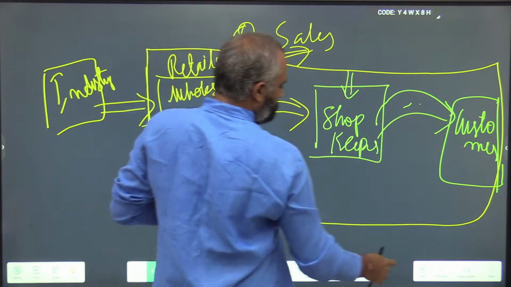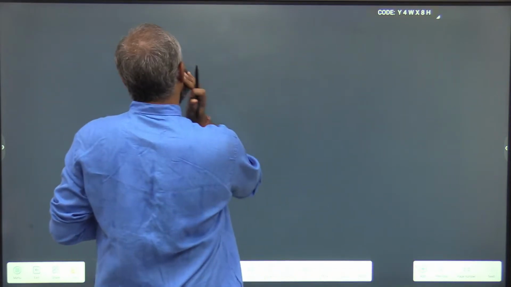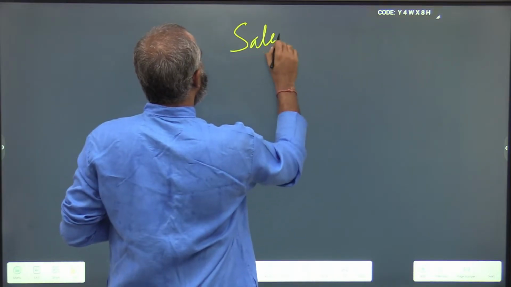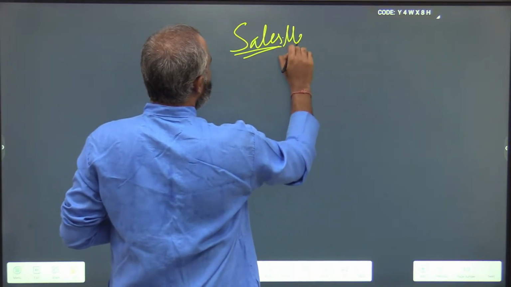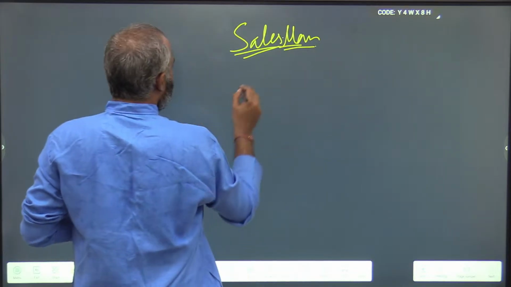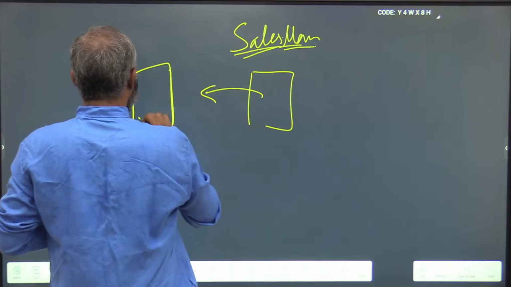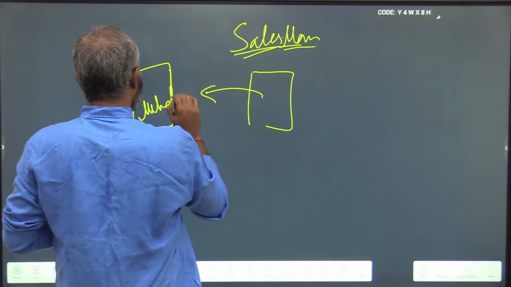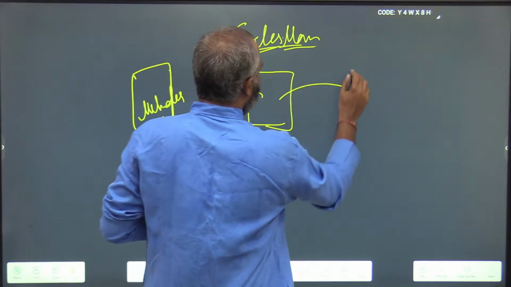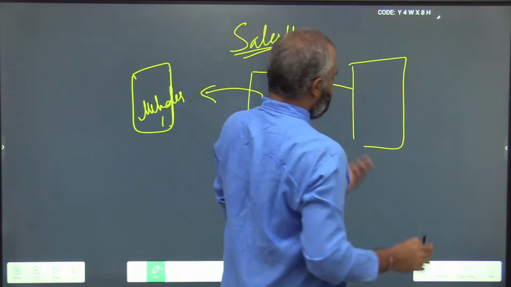Okay. Suppose a honest salesman, what does he do? He buys from the wholesaler at some cost. He'll see his profit or the expenses that are required.